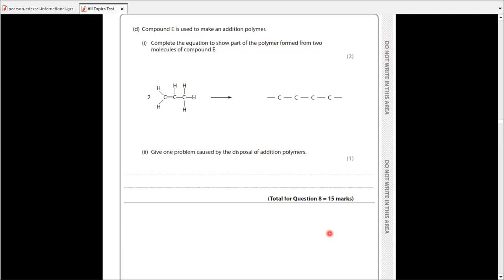The annotations are already on. Okay, so it says 2 here. That means this whole thing is multiplied by 2. So there would be 1, 2, 3, 4. That opens up 1. Okay.